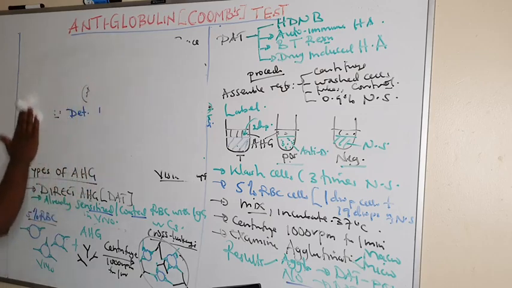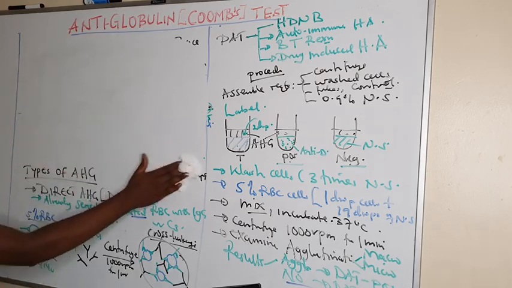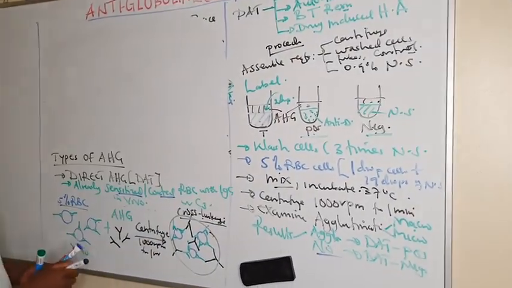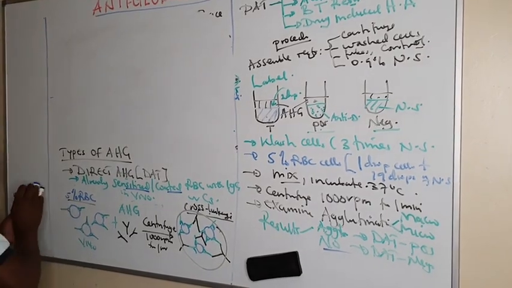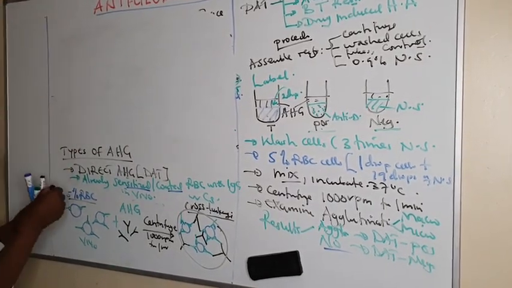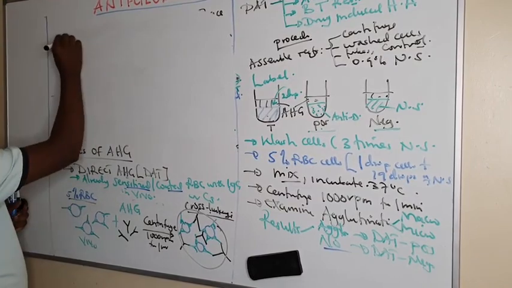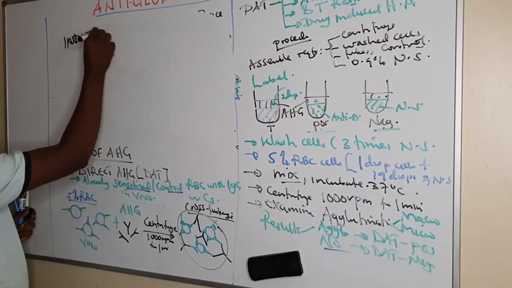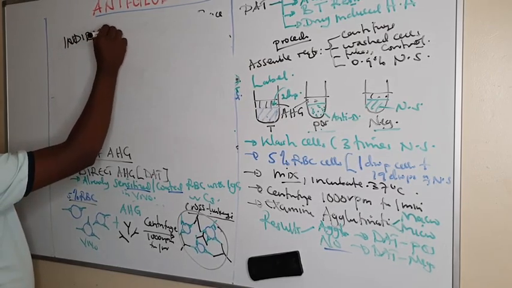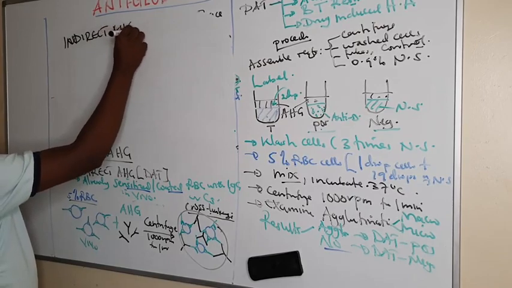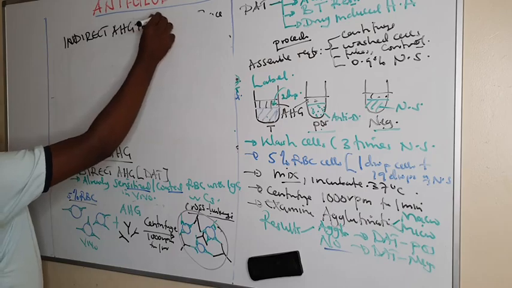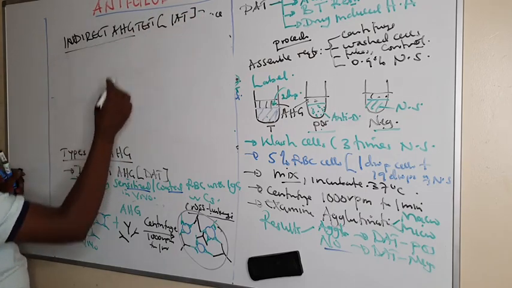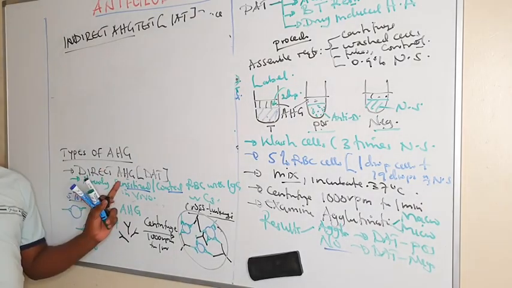So we are looking at indirect Coombs, the indirect anti-human globulin test, which we abbreviate as IAT. This is different from direct. How?